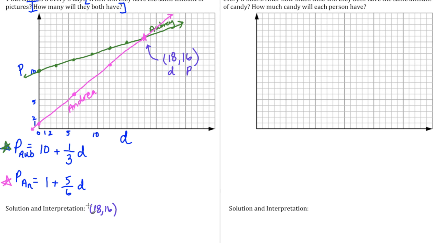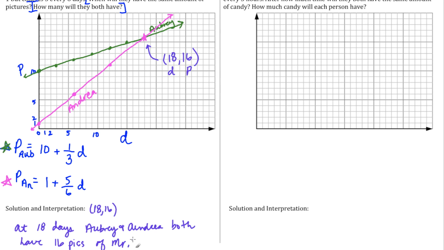So right at 18 days, Aubrey and Andrea both have 16 pictures, 16 pics of Mr. Lopez. Cool. Let's do it again.